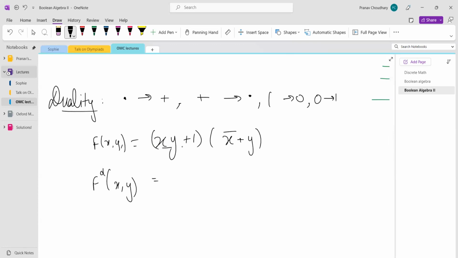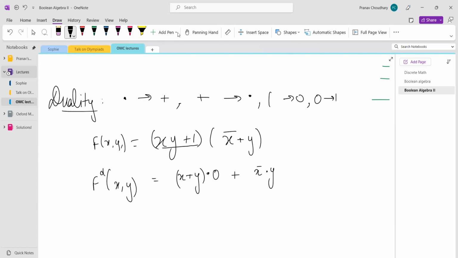Let's first write the dual of this term. It's x times y, so it becomes x plus y, and then it's plus 1, so it becomes product with the dual of 1, which is 0. The product here will become a plus, and these two terms are in summation, so this becomes product x conjugate y. So this is the dual of this thing.